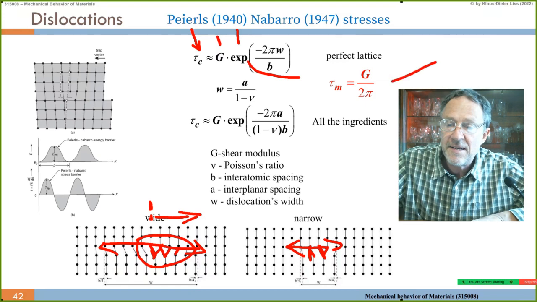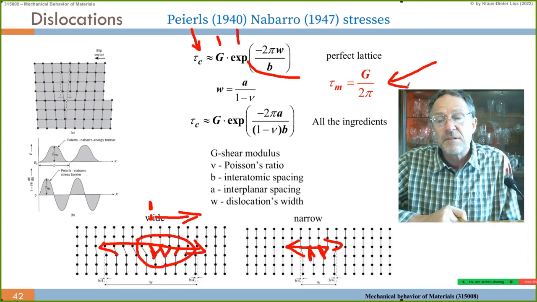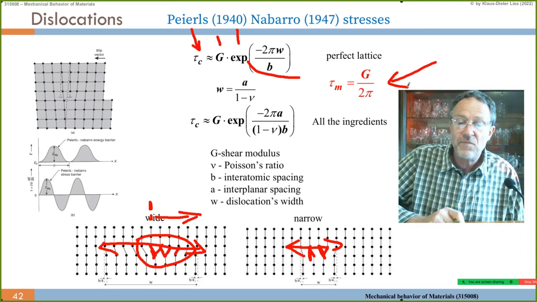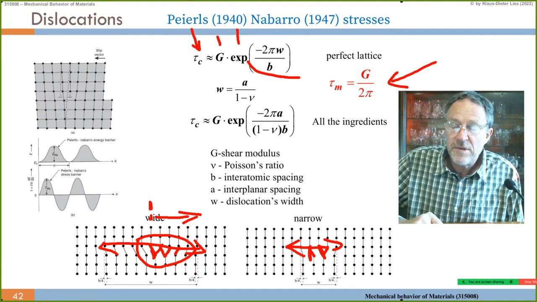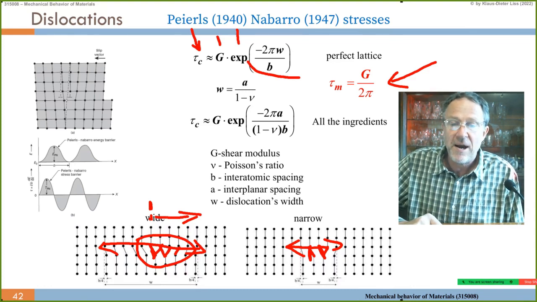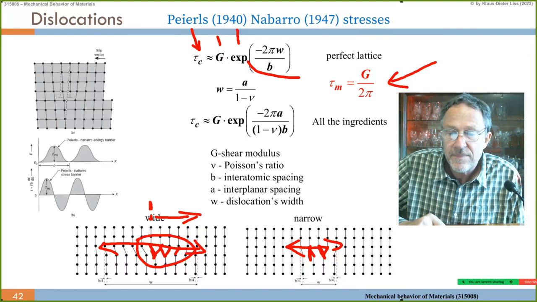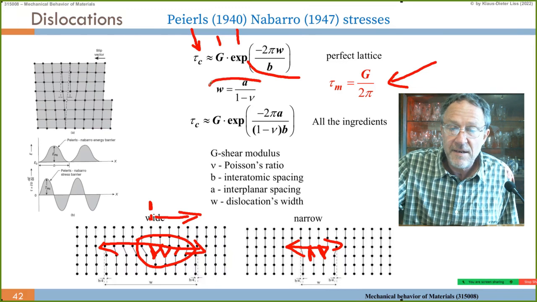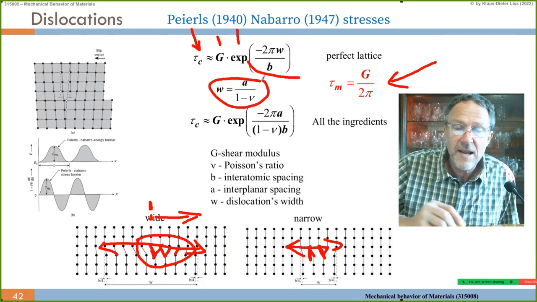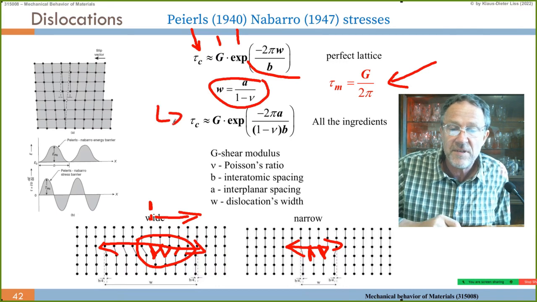Remember, in the perfect lattice, we got this formula. The modeled shear stress, if we displace the top lattice planes all stiff with respect to the bottom lattice planes, then we got something like G over 2 pi. There were some approximations, but it's not so bad. G over 2 pi. If we now put everything in, that the width is somehow related to the Poisson ratio, then it can be shown that we end up with this formula.